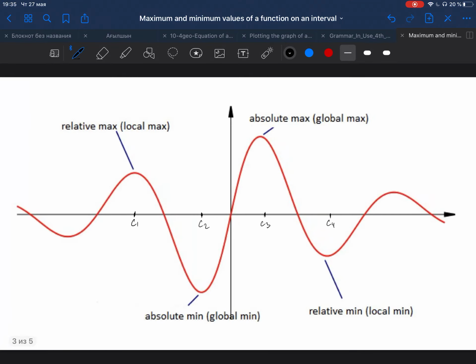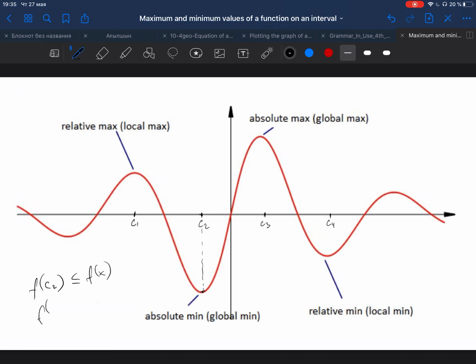Look at the graph now. If we find f of c2 and this value is less than or equal to f of x, from that we can say the value f of c2 will be the lowest point, and this will be the absolute minimum point on this graph.